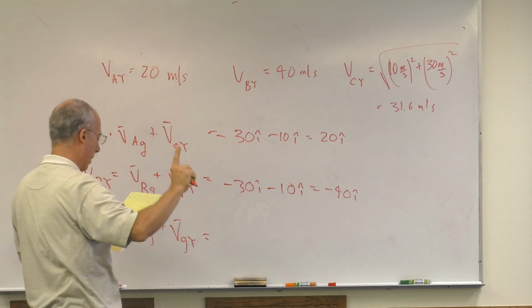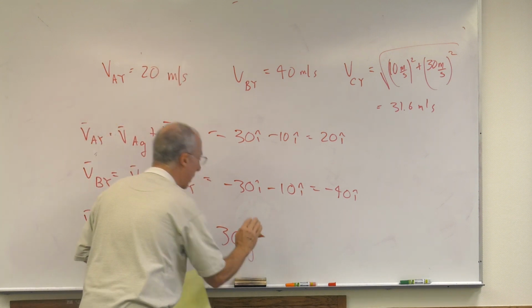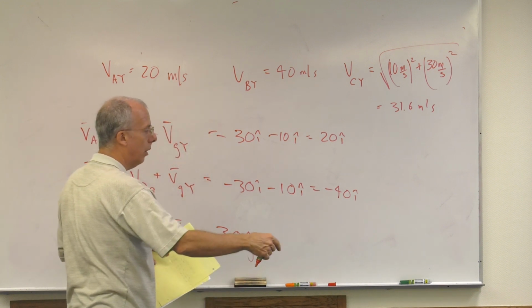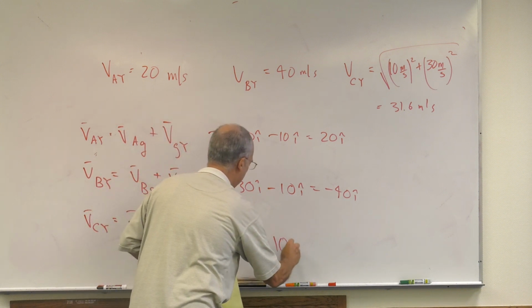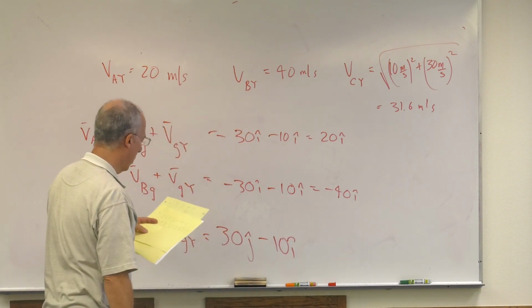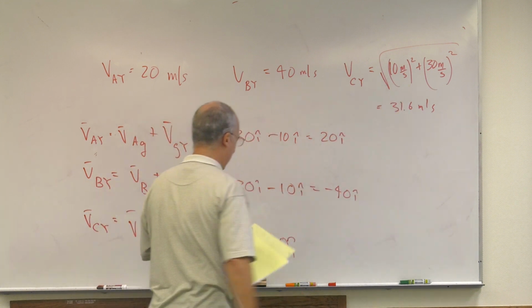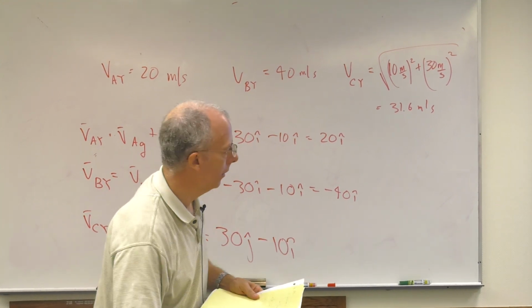Just 30 that way, so it's 30j. And what's V_ground U? V_ground U is minus 10i. So therefore what's the speed? It's that, right? It's the same thing. Okay, so that's like a review, just make sure you can do it.